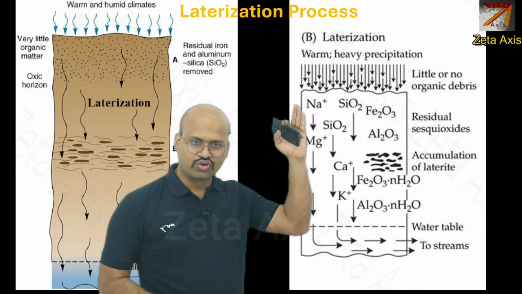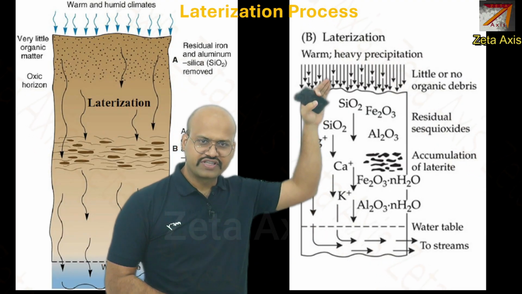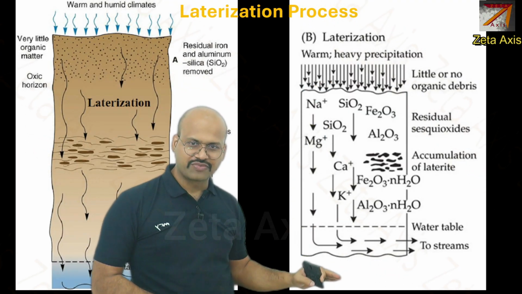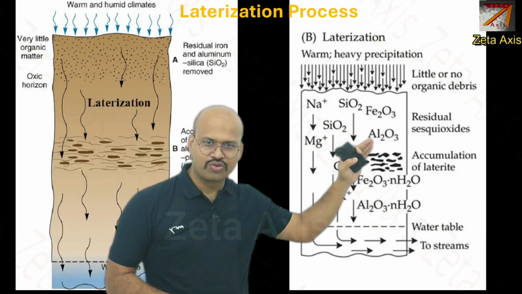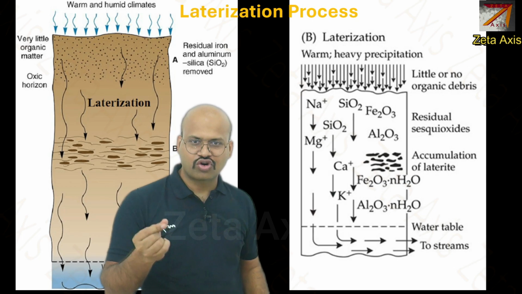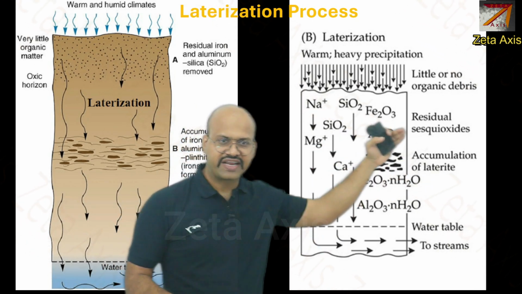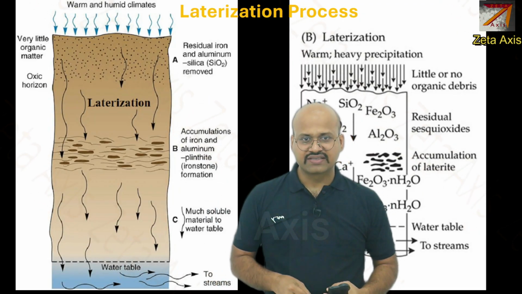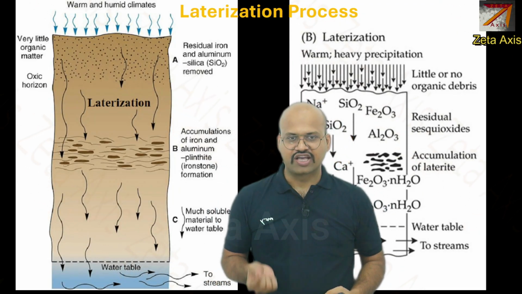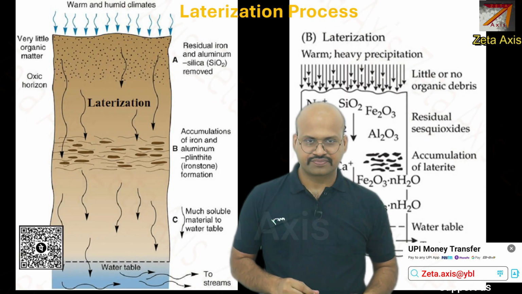So we have sodium, magnesium, calcium, potassium. All of these compounds are removed from the soil because they are soluble in water. But iron and aluminum form compounds which are not soluble, and they just get accumulated in this soil. Therefore, laterite soil has fewer nutrients other than aluminum and iron. So it is a nutrient deficit soil.